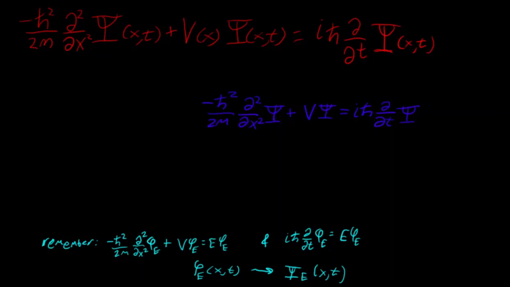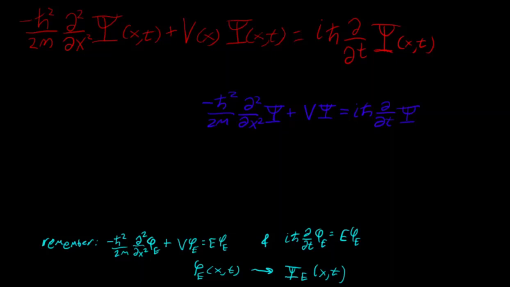Okay, so the other thing is a quick notation note. I have written here this capital Greek letter psi, and the difference between writing the lowercase psi and the capital psi is what the argument of the function is, what the input is.